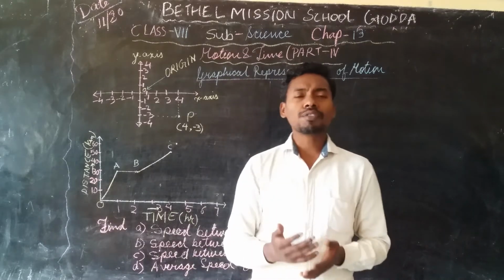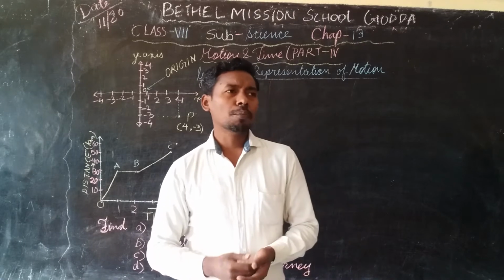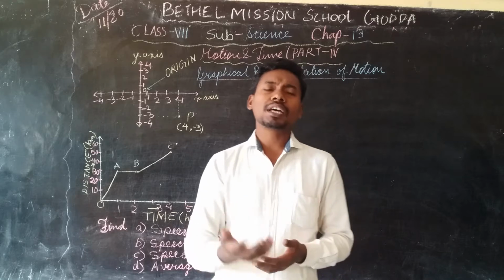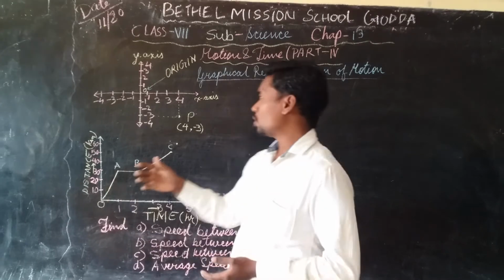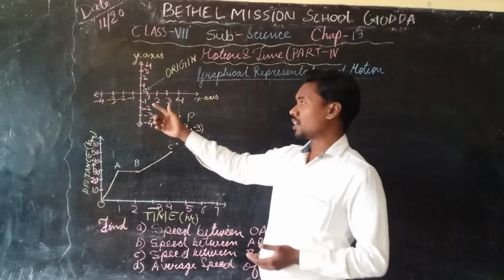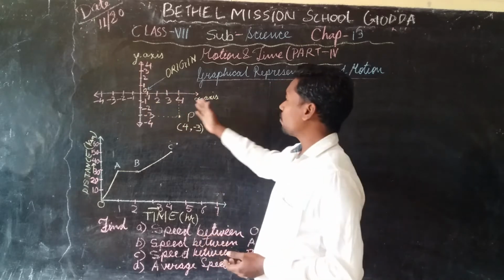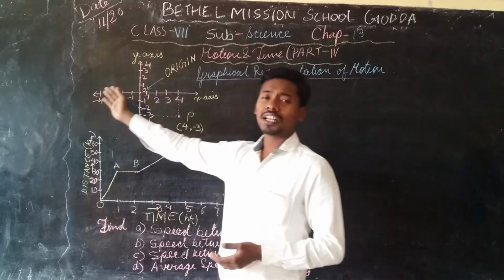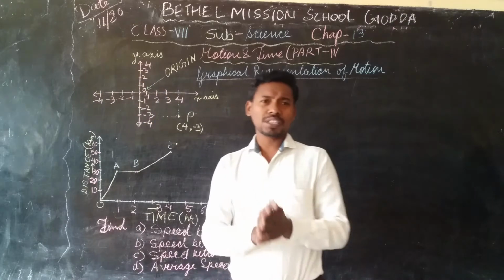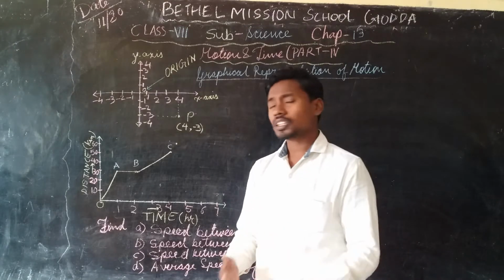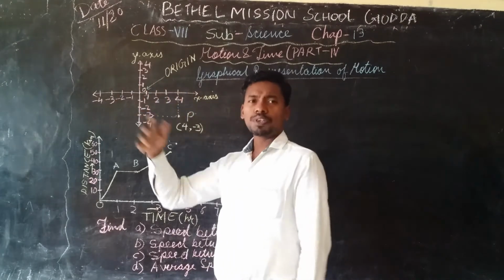So that's why graph is very important. So the more the reference point, the better is the information. So here generally we don't take one reference frame, we take two reference frames. One reference frame is your x-axis and another reference frame is your y-axis. When these both are combined together in perpendicular manner, they are said to be a graph.